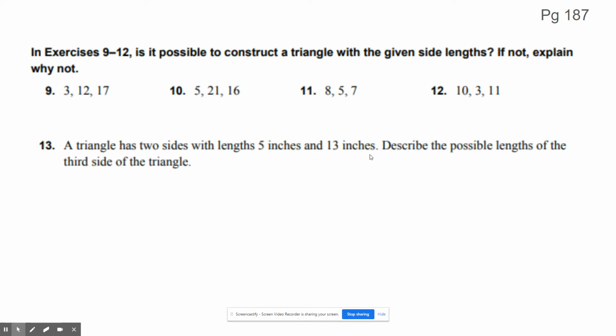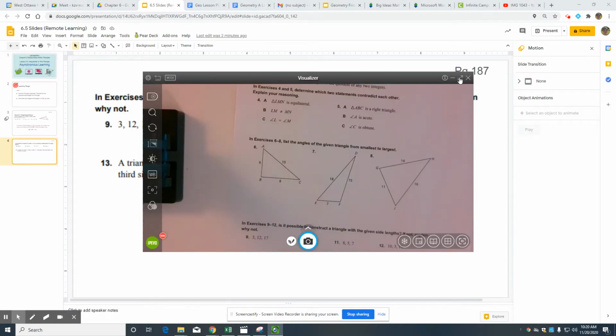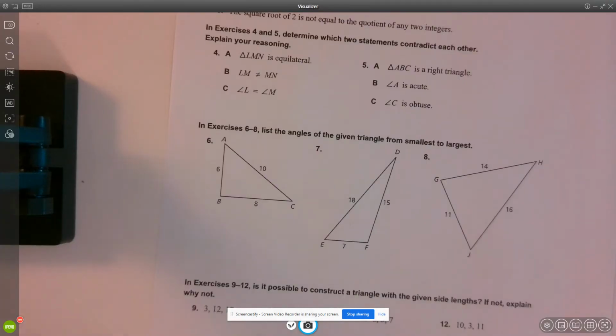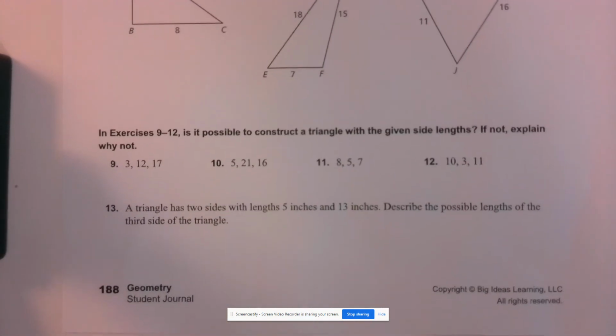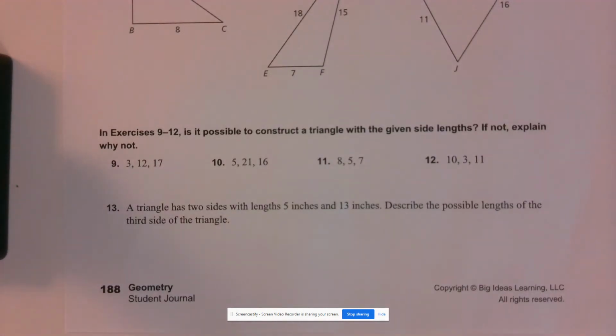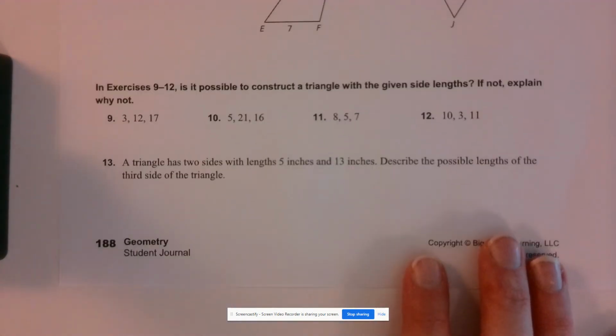I need you to turn to page 188. I know it says 187 here, but it's page 188 in your student journal. We're going to go ahead and do number 9, 10, 11, and 12. And then we're going to talk about number 13. In number 9, it says, is it possible to construct a triangle with the given side lengths?